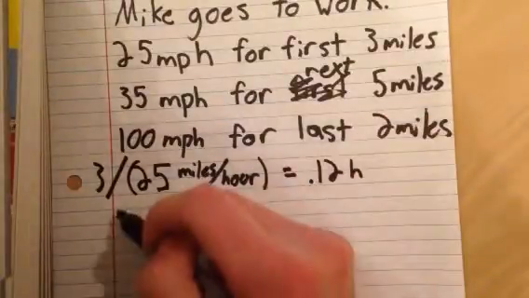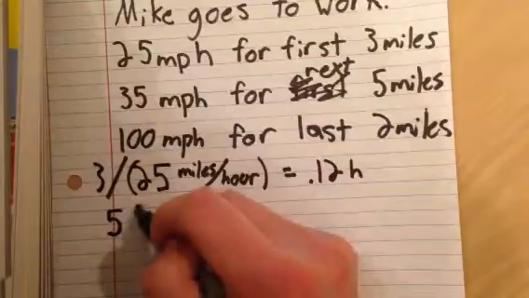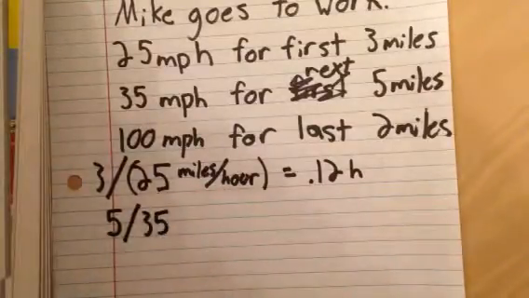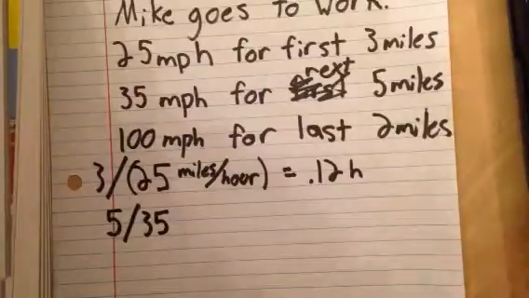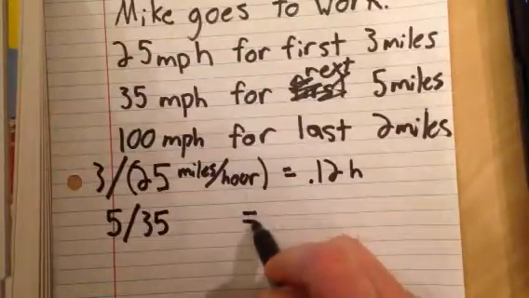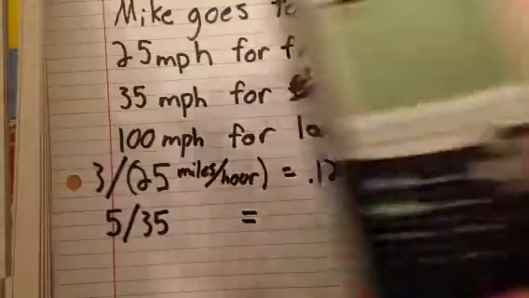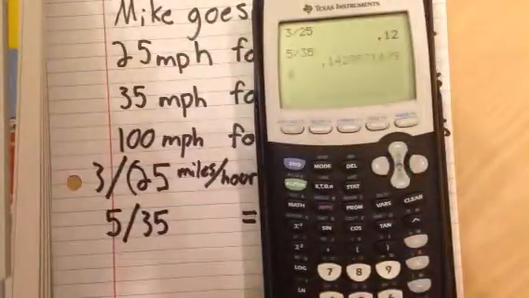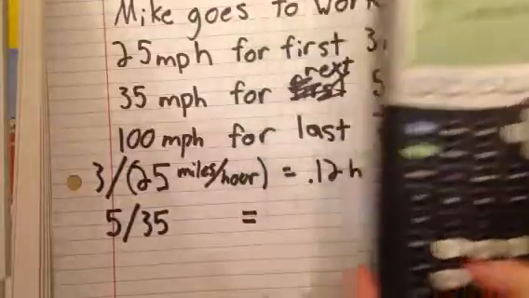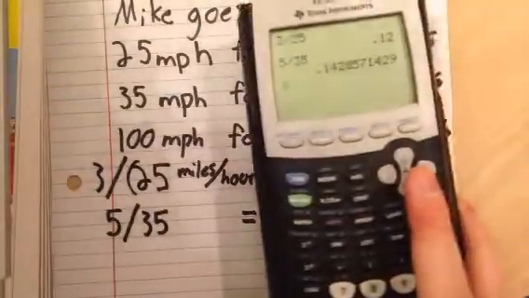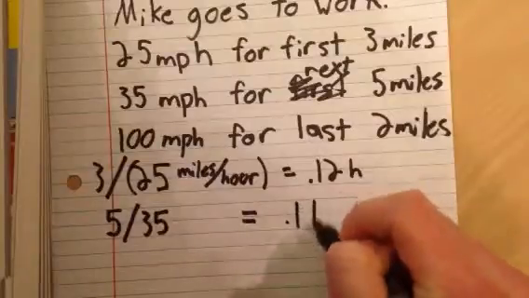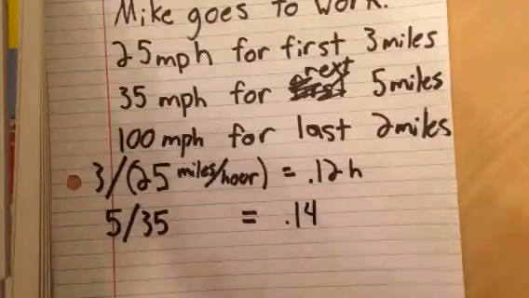Keep going down, he spends 5 miles going 35 miles an hour. So for this speed, 35 miles an hour, calculator again, 5 divided by 35 is about 0.14, rounded to 2 decimal places.